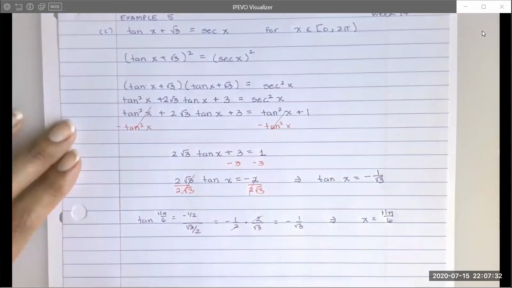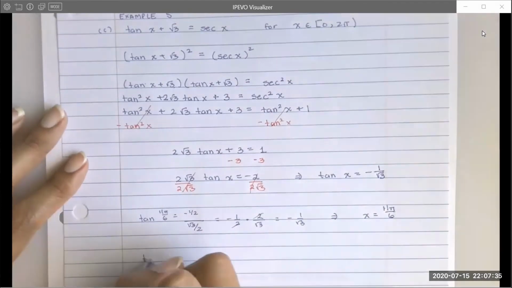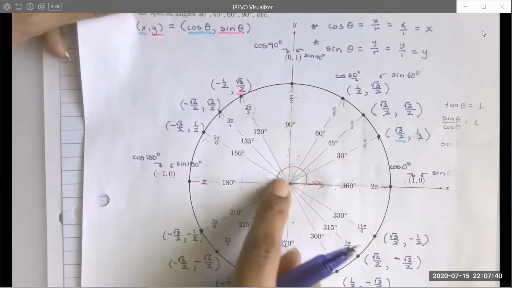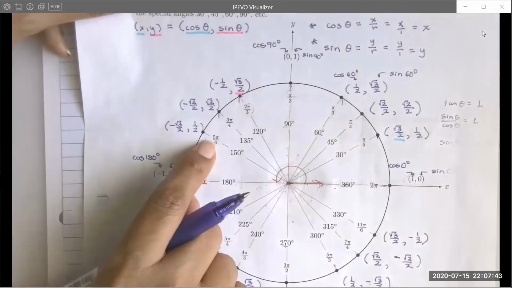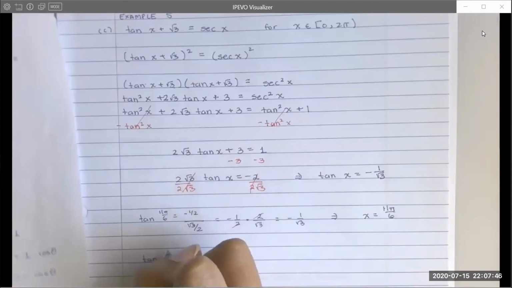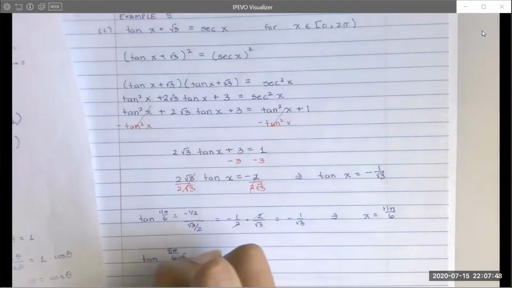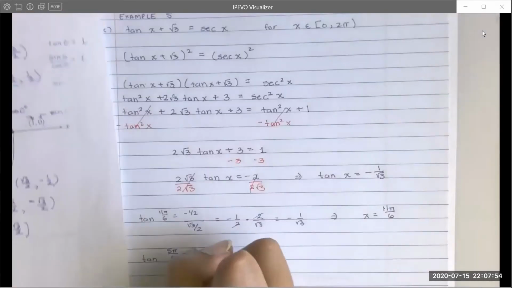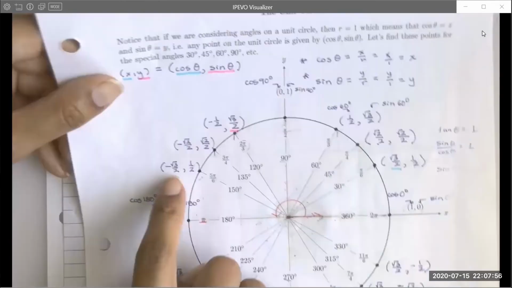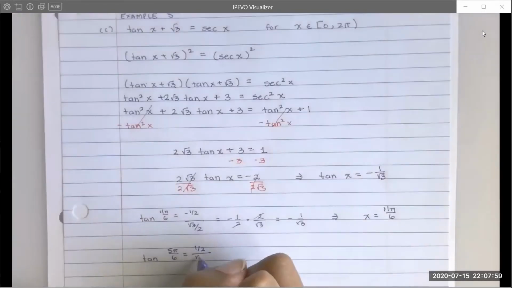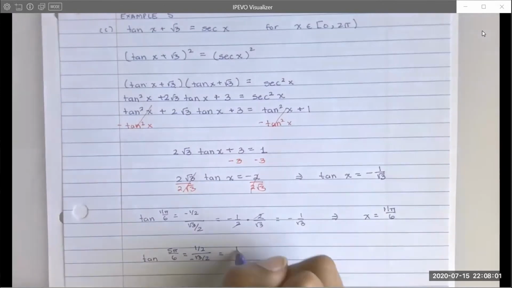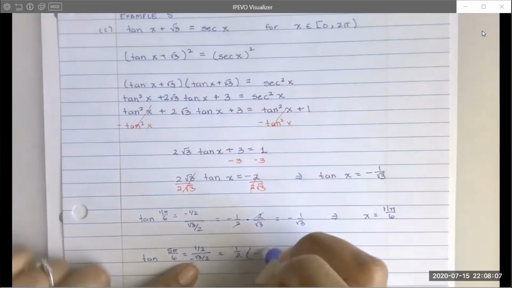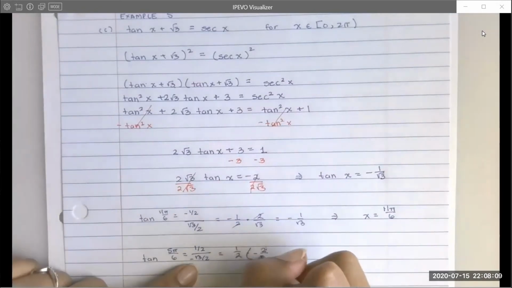is one answer. Let me see which one corresponds to 11 pi over 6 in the second quadrant. It would be this 5 pi over 6. So let's try that one out. Tan of 5 pi over 6 would be 1/2 for that sine, over negative radical 3 over 2. So that's 1/2 times, well, actually I'm going to have to flip if I'm dividing, so times a negative 2 over radical 3.